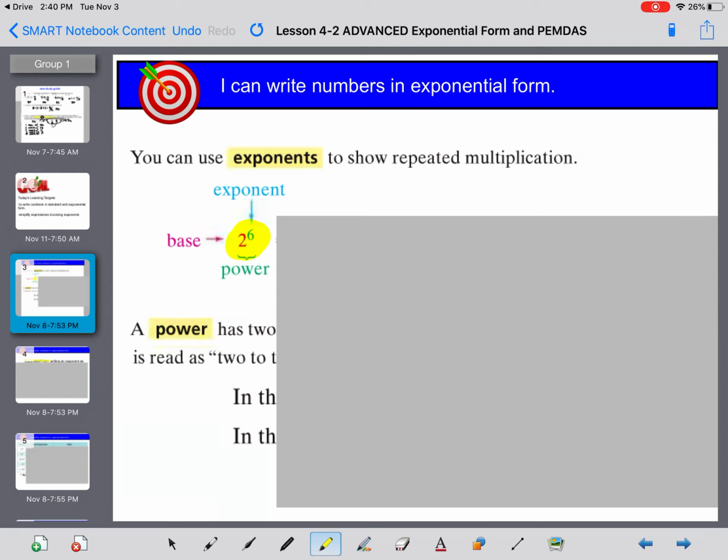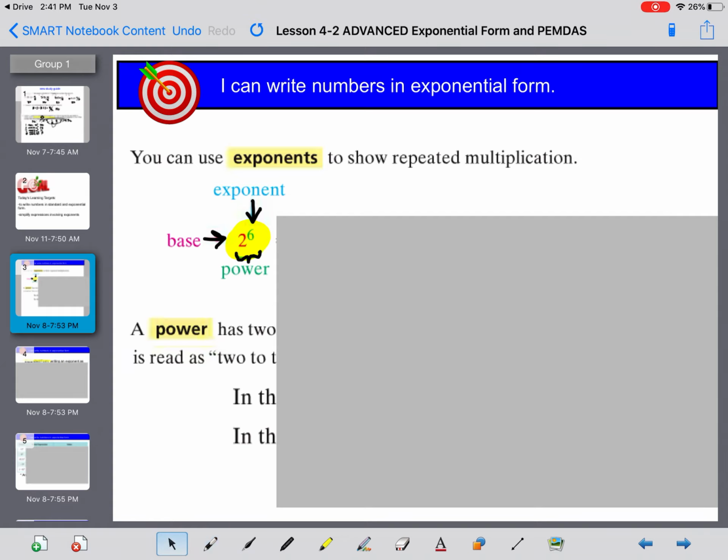Take a look that the 2 is your base. Only the digit immediately before the exponent is your base. The 6 is your exponent. When you're talking about 2 to the 6th, that value is the power.